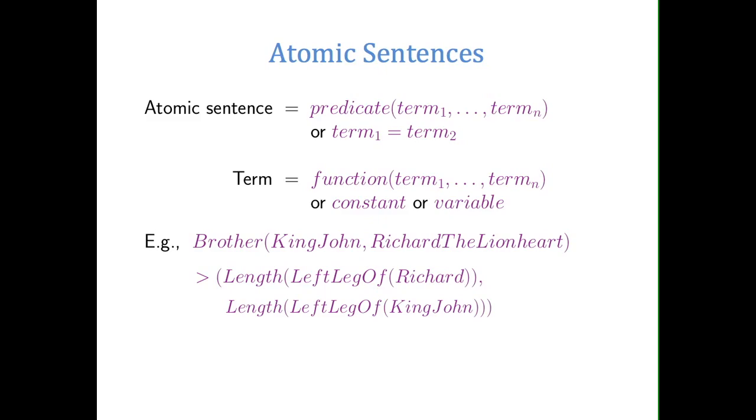And the idea is to express this relationship that they're brothers. Or another relationship might be greater than, which is a predicate. The two terms being compared by this predicate are the length of the left leg of Richard, a function, against the length of the left leg of King John.